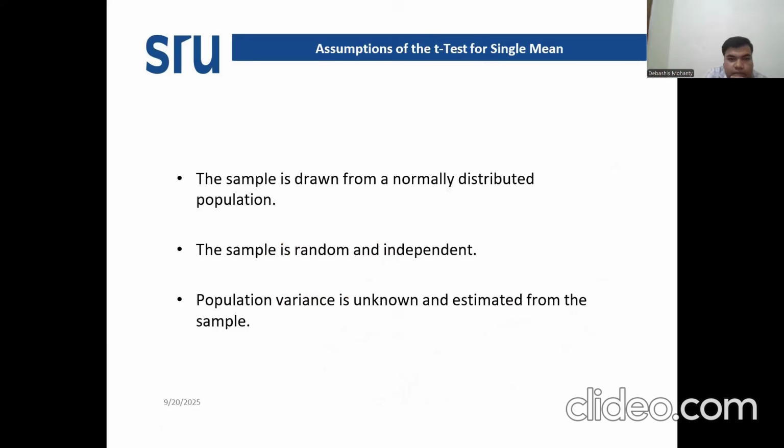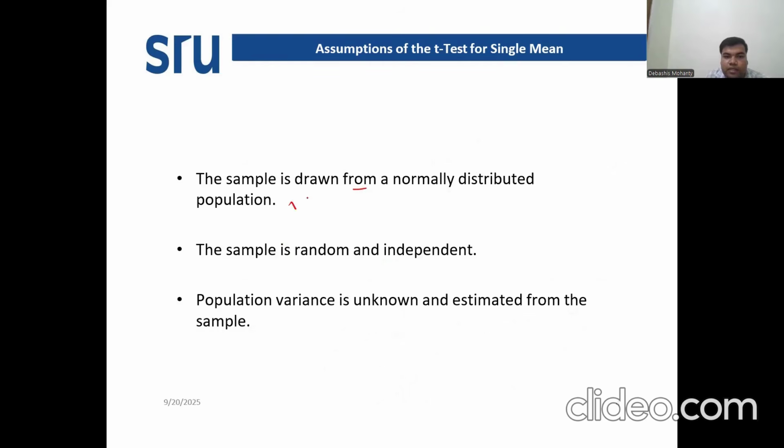So students, next coming to the important thing, the assumptions of the t-test for single mean. What are the assumptions?